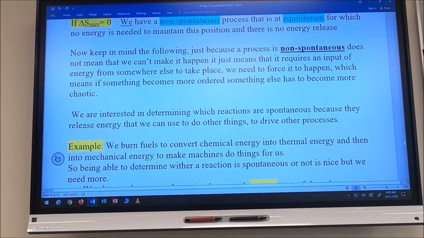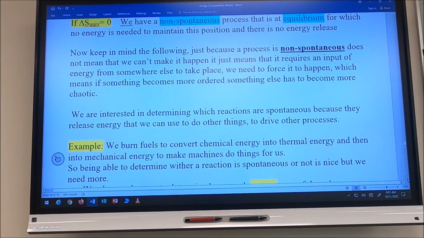Just because a process is non-spontaneous does not mean we can't make it happen. It just means that it requires an input of energy from somewhere else to take place. We need to force a non-spontaneous reaction to happen. Okay? Which means if something becomes more ordered, something else has to become more chaotic.